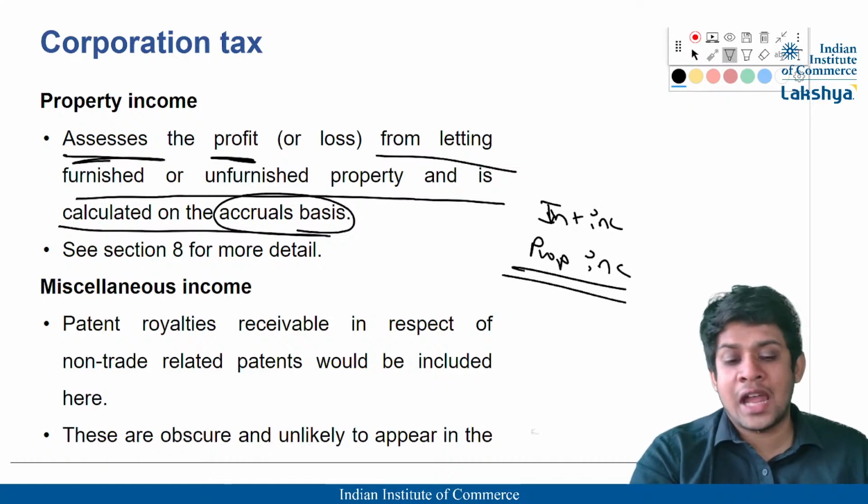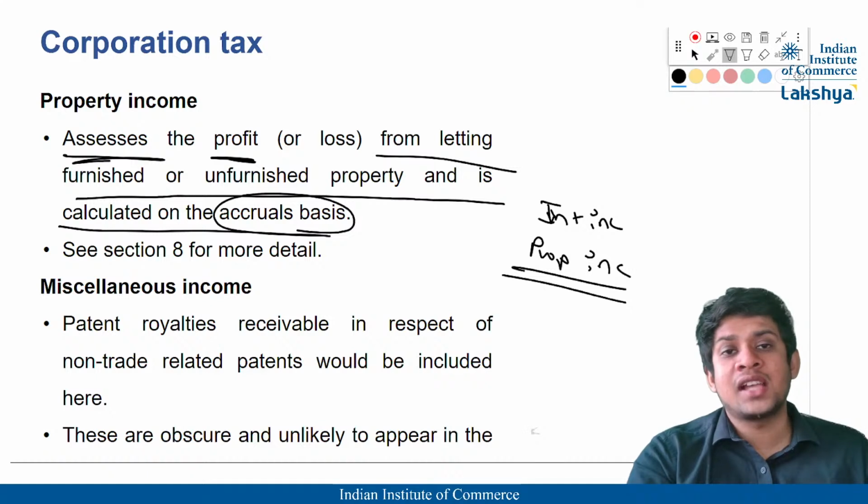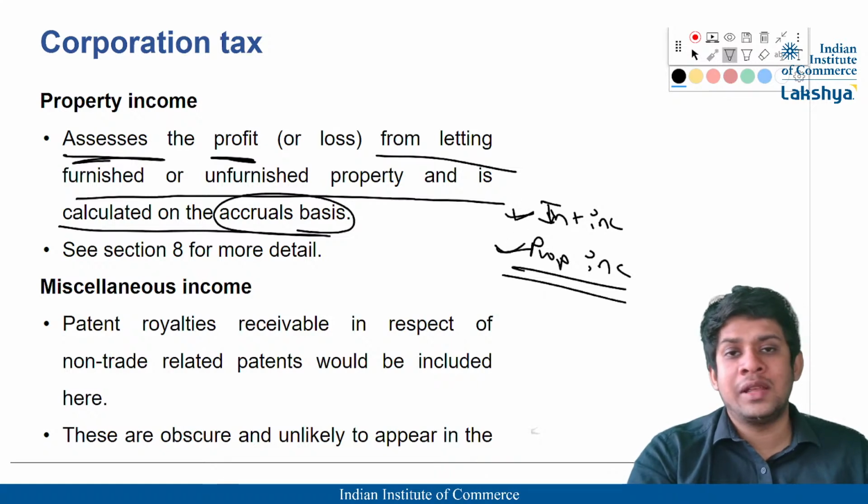That means we calculated on a cash basis. But the statement of profit or loss provided by a company is always prepared on an accrual basis, and the tax will thus also be calculated on an accrual basis only.